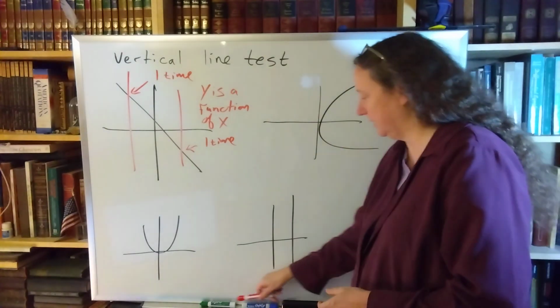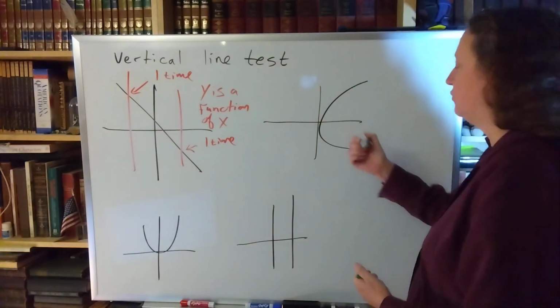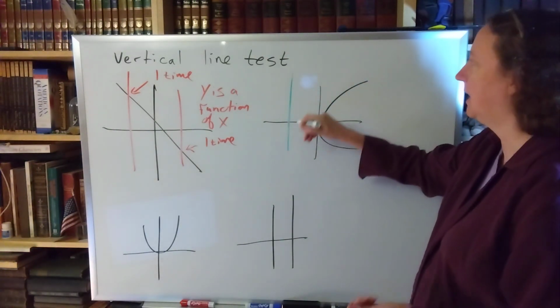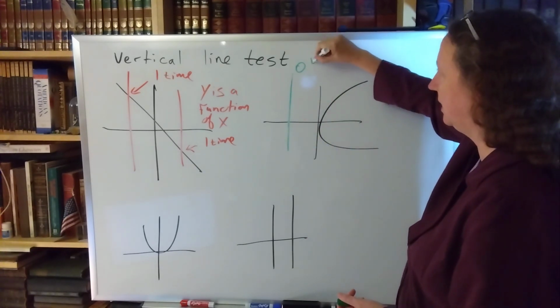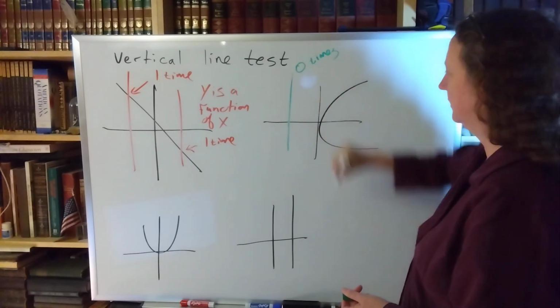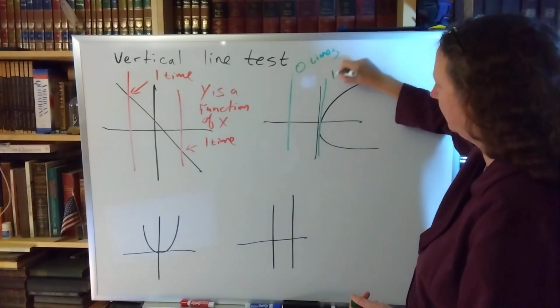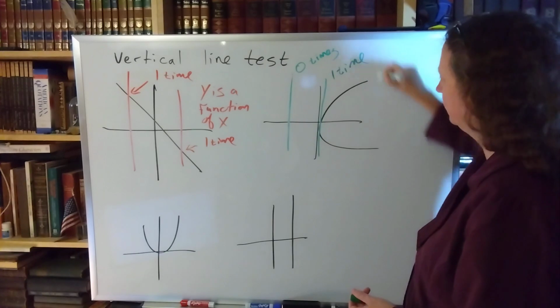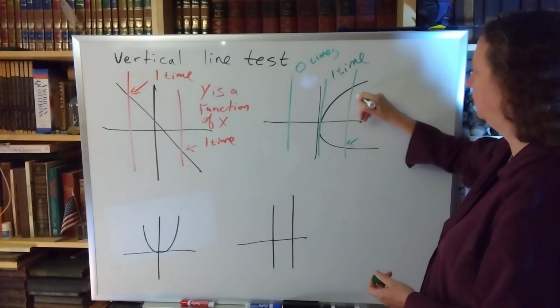Looking at this next one over here. If I draw a line somewhere through here, how many times does it cross? Well, right there at that one, it's 0 times. If I draw it right here, it crosses 1 time. But if I draw it over here, it crosses 2 times.